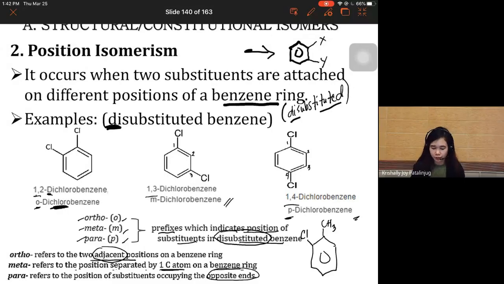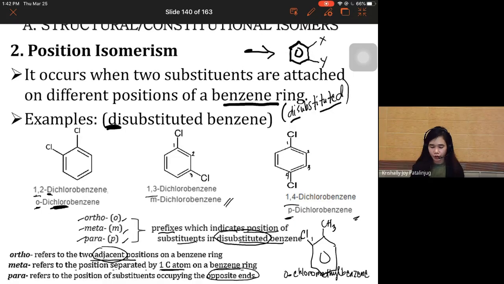So this becomes, instead, 1 chloro, supposedly, and then 2 methyl benzene. So you will now use the prefix ortho, one word na dayon, chloro methyl benzene.